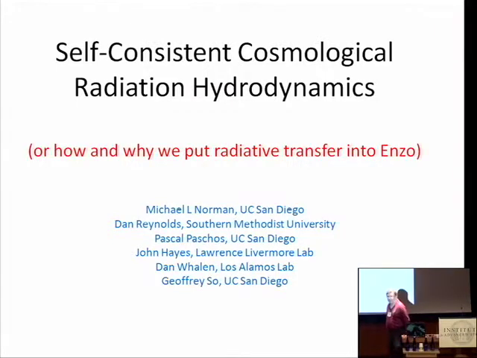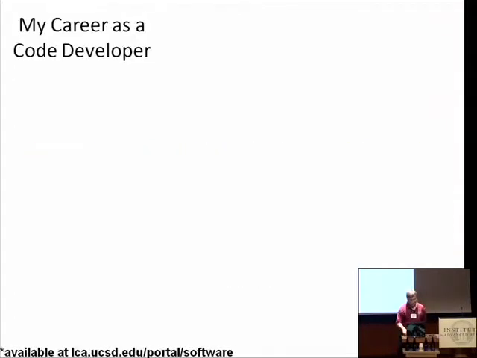Well, if you can think all the way back to a week ago Monday, you heard Mike Norman, the pundit. Today you're going to hear Mike Norman, the code developer. Indeed, I have devoted essentially my entire career to doing code development. And I thought this was an appropriate venue to reflect a little on what I've done over the years.